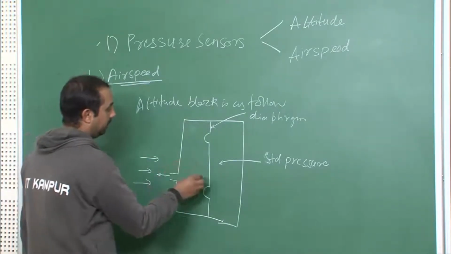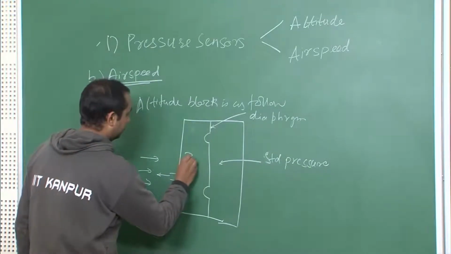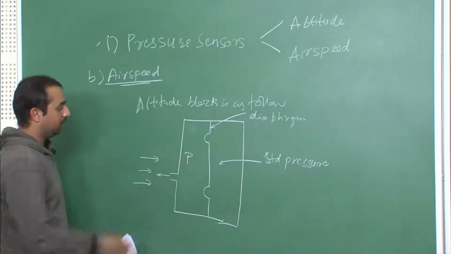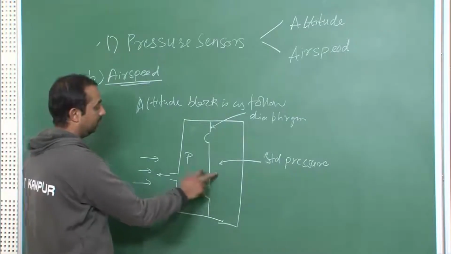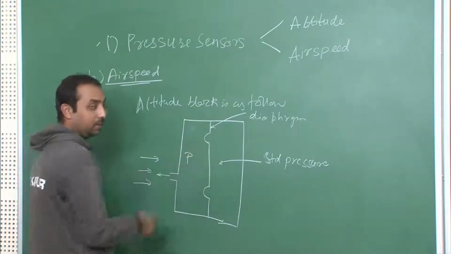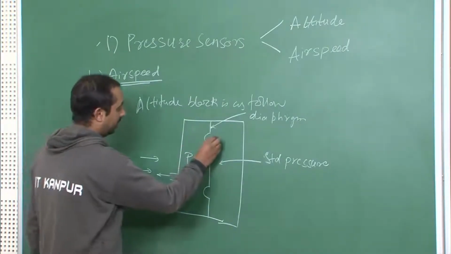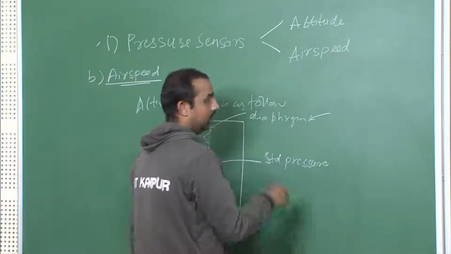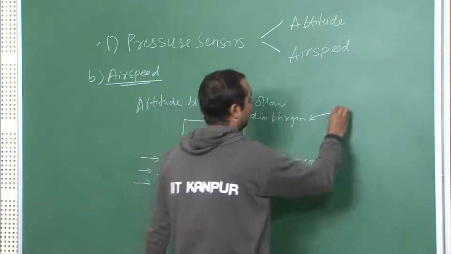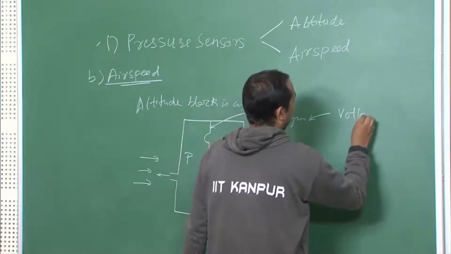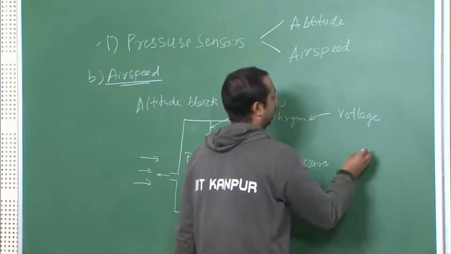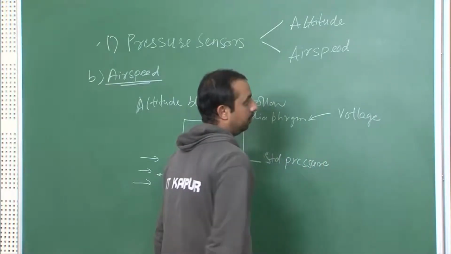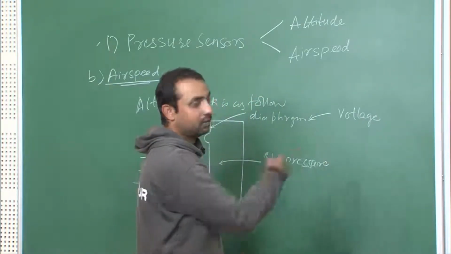So the pressure difference between these two volumes will cause a deflection in this diaphragm, which will be given to you in terms of voltages, which can be calibrated, and you get your present altitude based on the pressure which you have got.